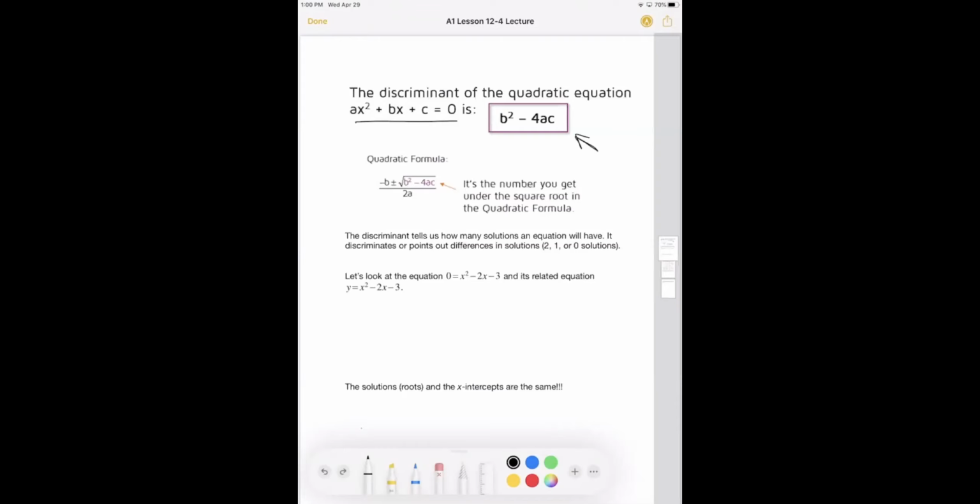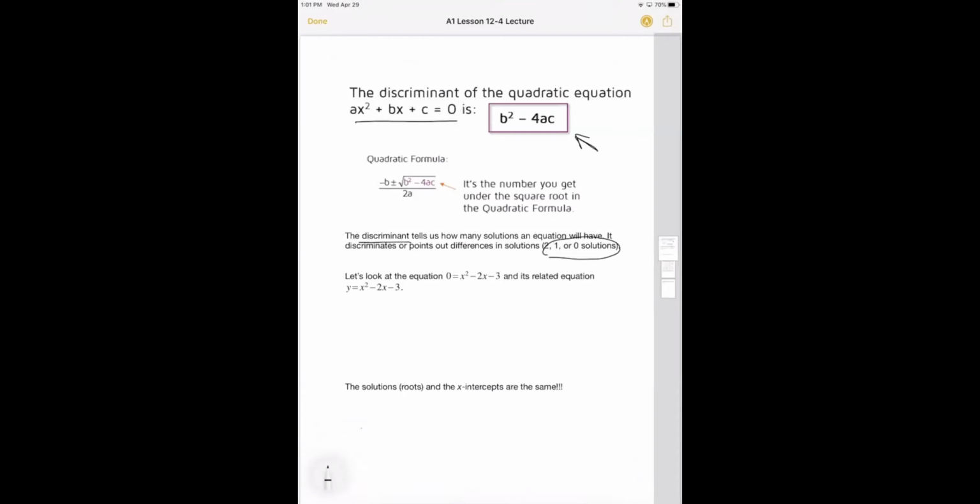There's something important that that number tells us. The discriminant tells us how many solutions an equation will have. It discriminates, or points out differences in our solutions. When we look at the discriminant, it can tell us if we have 2 solutions, 1 solution, or 0 solutions.